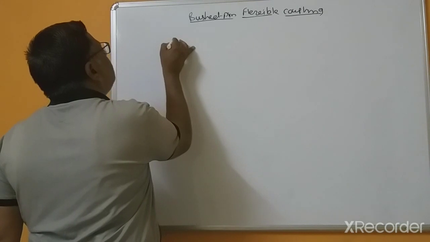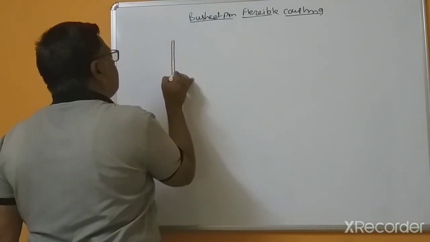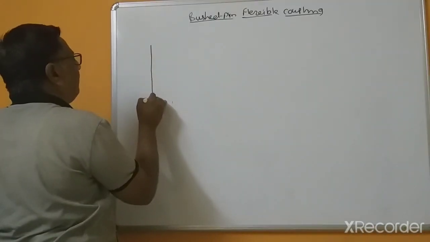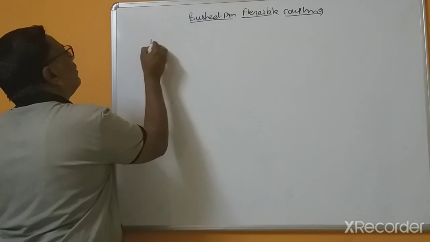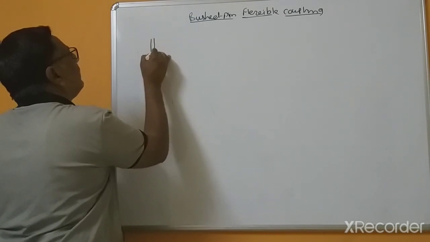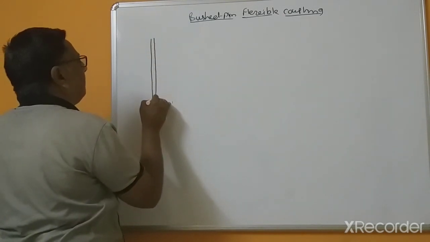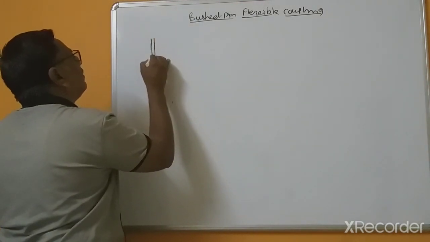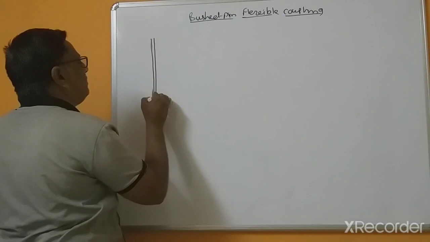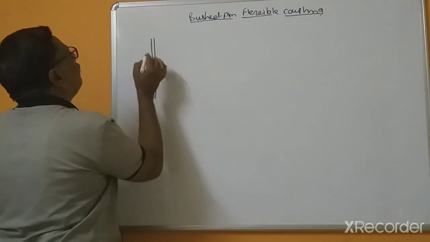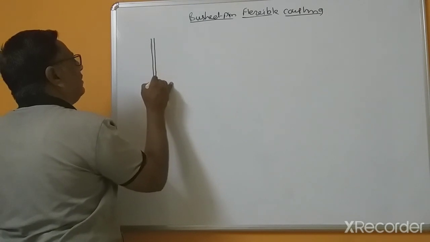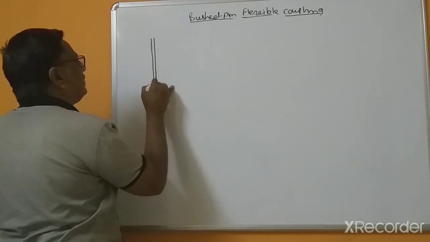Some clearance is required between the two flanges. This clearance may be 3 mm, 4 mm, or 5 mm in both the flanges.